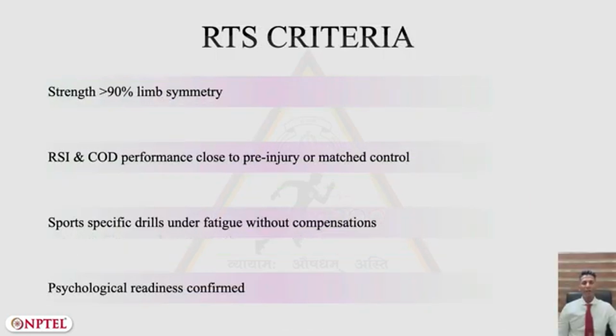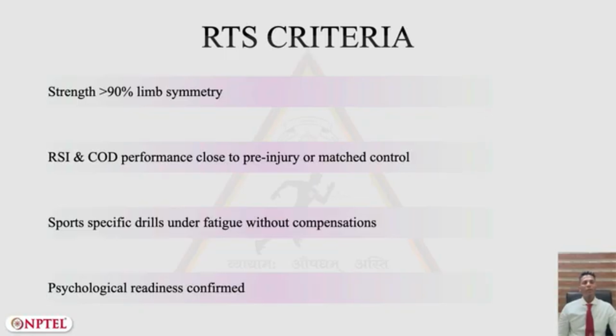Final clearance requires demonstrating sport-specific drills under fatigue without compensatory mechanics. Strength must reach at least 90% symmetry compared to the uninjured side. Reactive strength index and change of direction performance should be close to pre-injury or matched to control data.